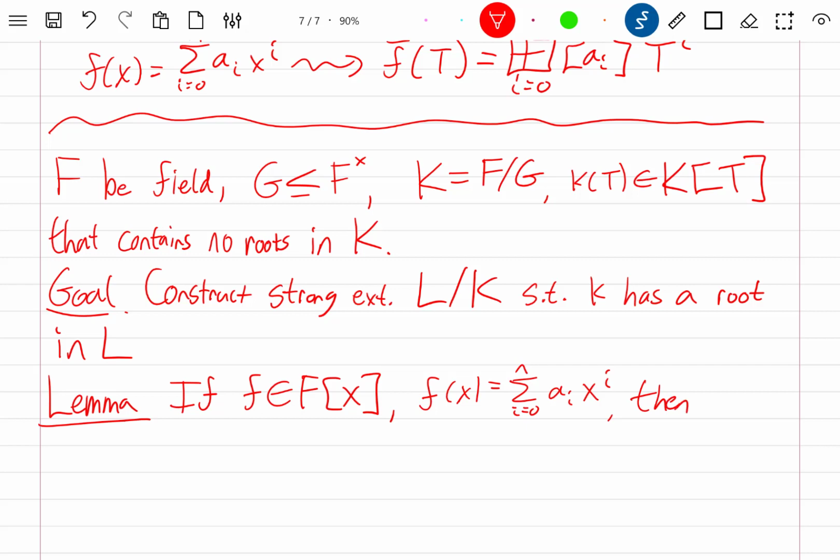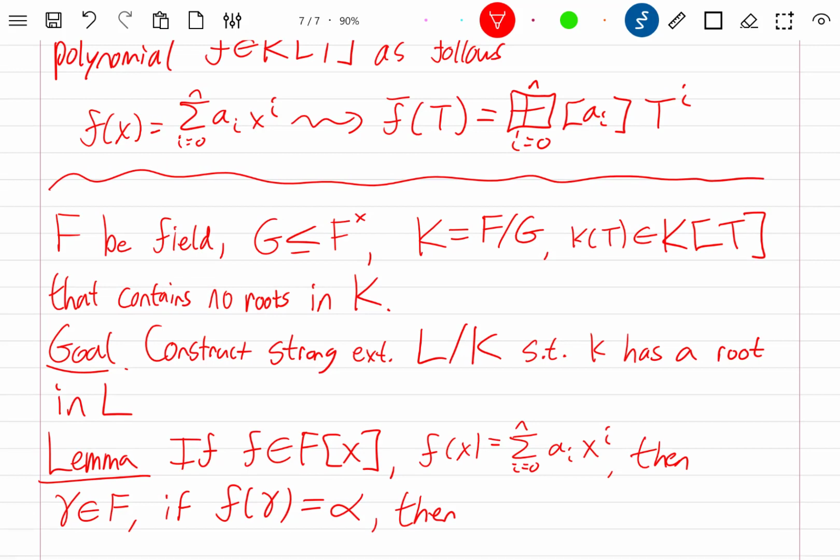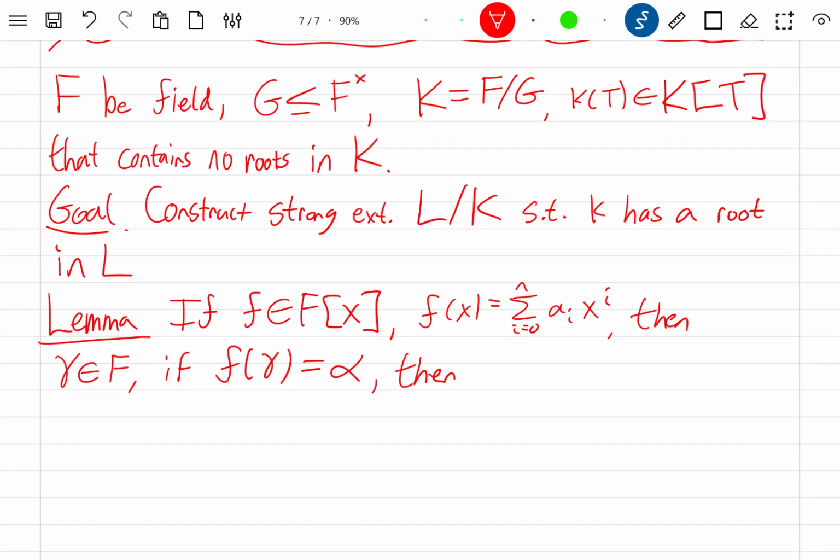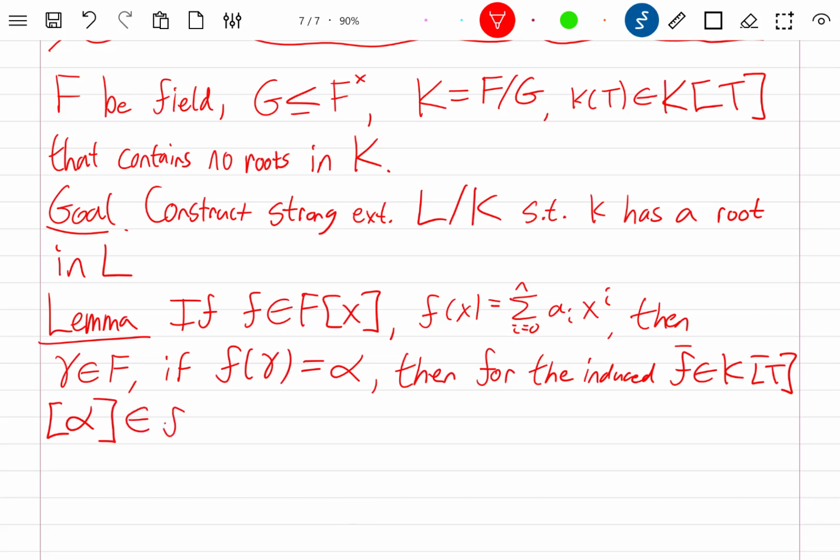Then, if I take some element gamma in F, if f(gamma) is equal to alpha, then when I look at this induced setting, with my polynomial over my hyperfield, the equivalence class of alpha will belong to the set of plugging in the equivalence class of gamma into the induced polynomial.